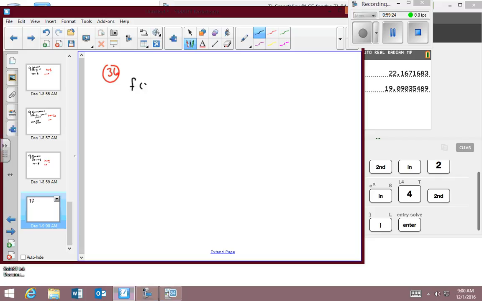f of x equals 10 x ln of 8. Now, you should analyze this thing. That ln of 8, you don't take a derivative of it, because that's a constant term. Really what you have is 10 times ln of 8, a constant term, and it's times x.